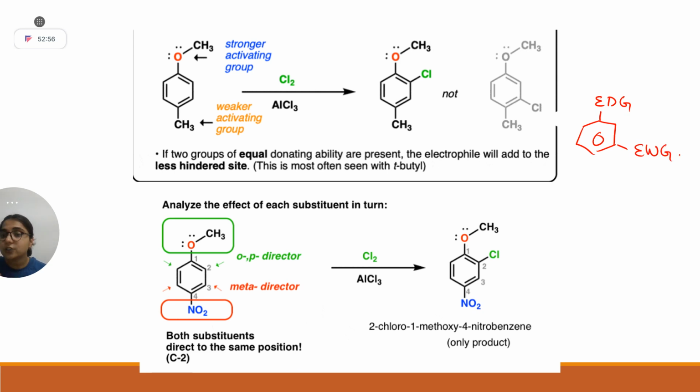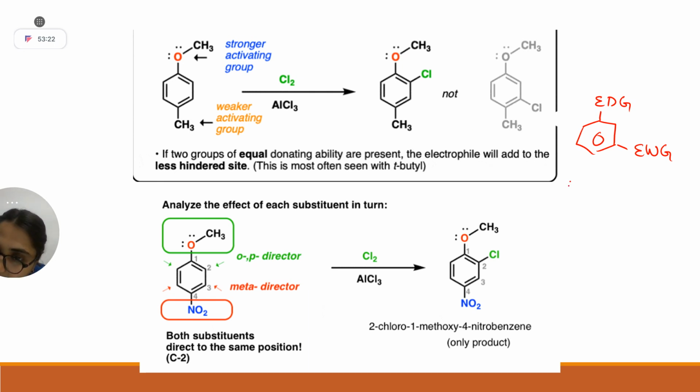If a situation comes when you can take care of only one group, then which group will you listen to, electron donating or electron withdrawing? Whom will you prioritize?